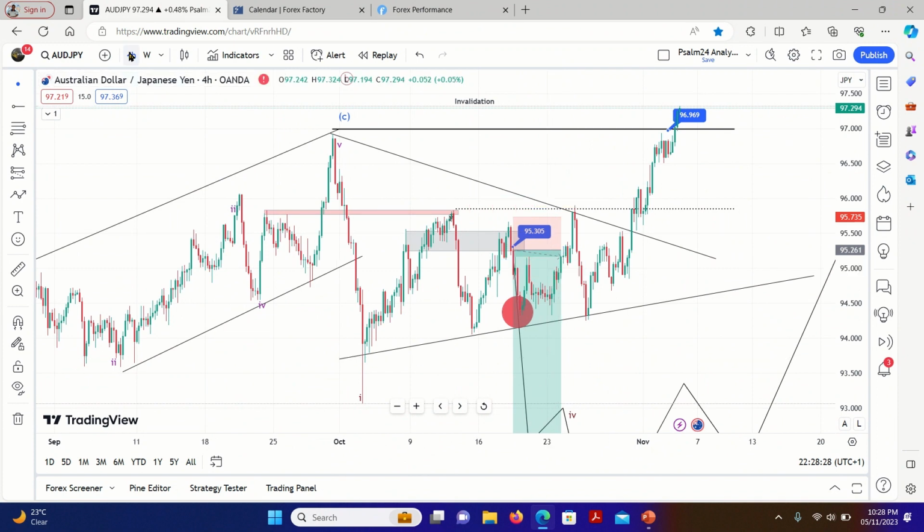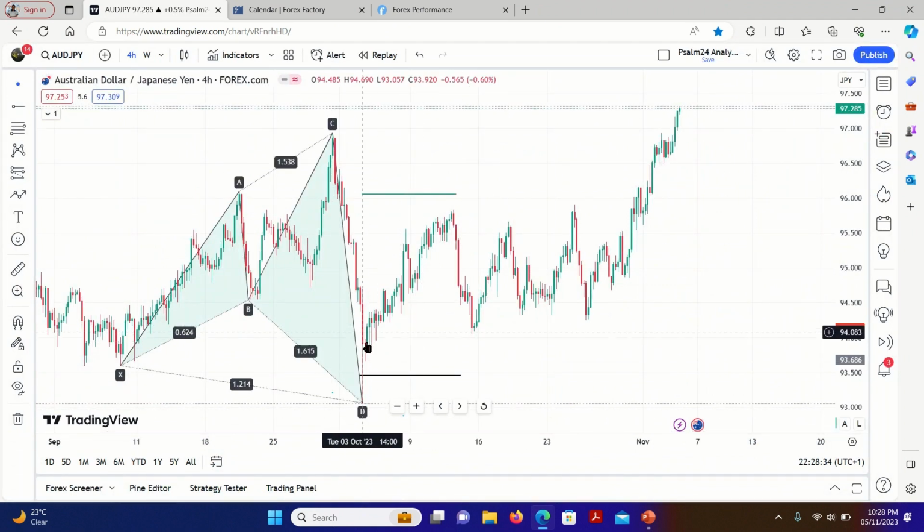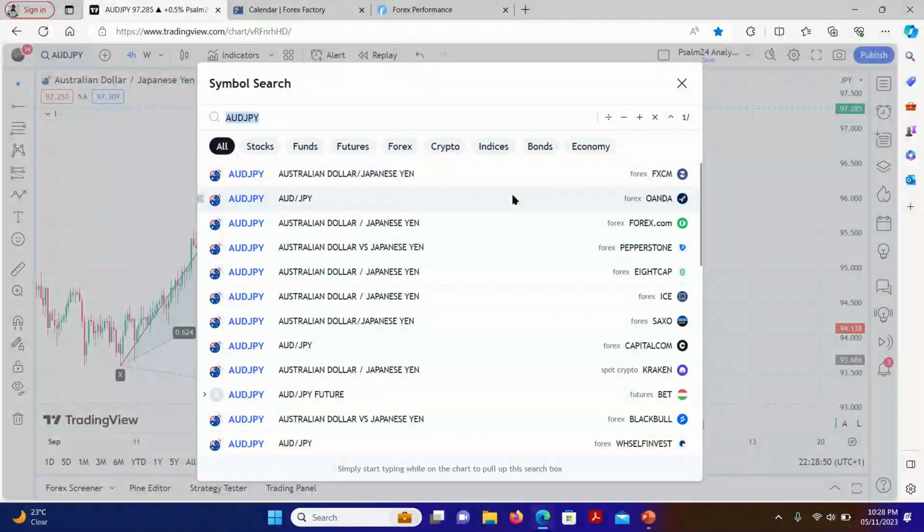When we were taken out, we spotted this pattern, and then we couldn't enter here, but we entered somewhere in the middle, and then we were able to hit this particular zone. So we were able to cover that loss, although it was not published. All right.